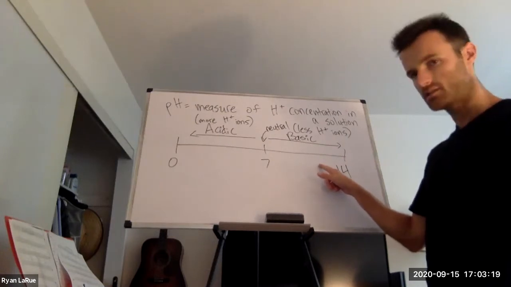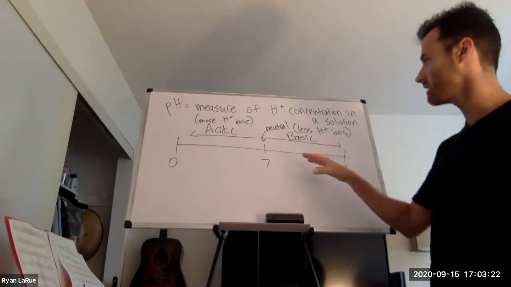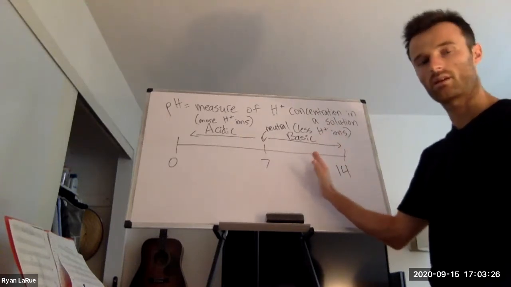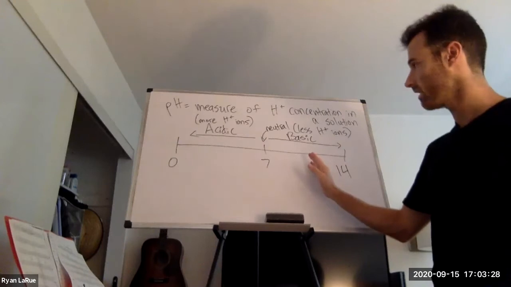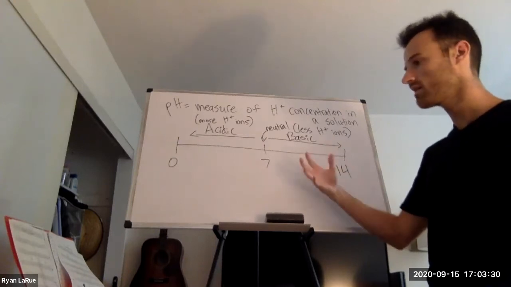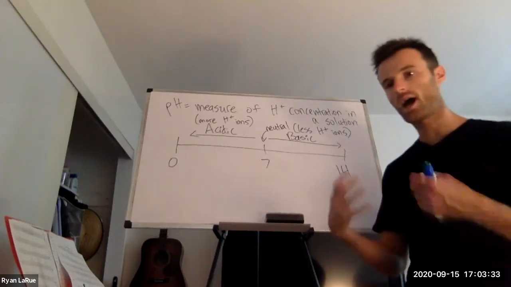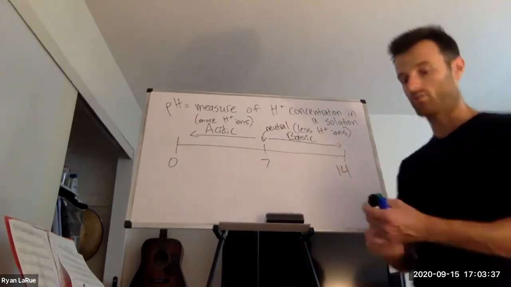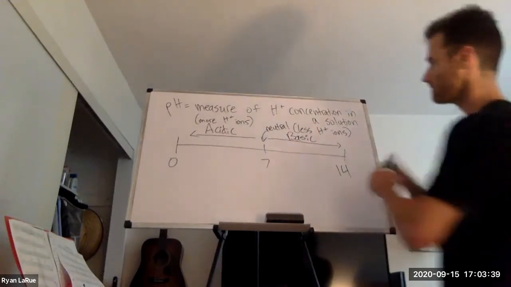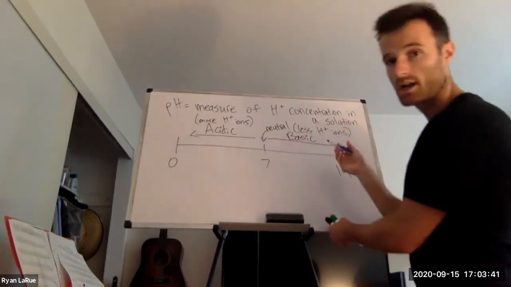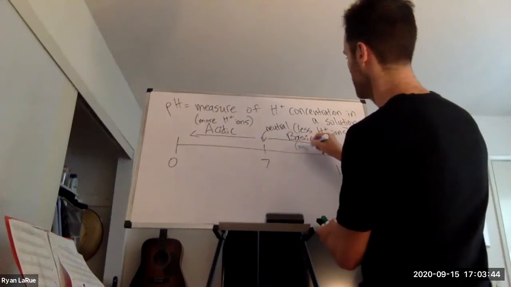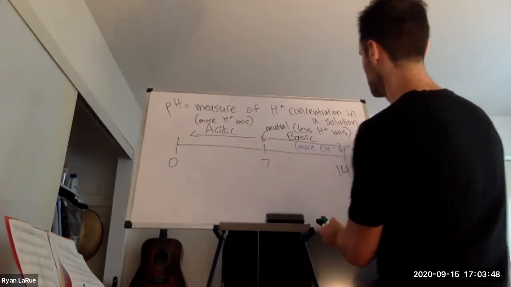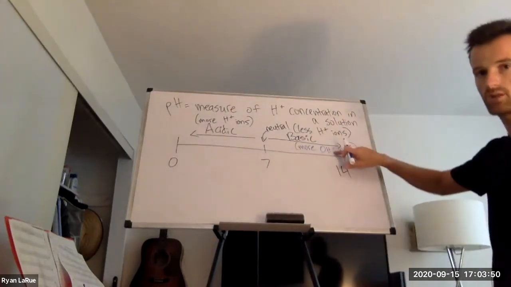The reason this is, not to get too fancy or technical, it's because basic chemicals and basic solutions have a higher amount relative to the hydrogen ions of what we call hydroxide ions. So I'm going to write more hydroxide ions, which is these negatively charged OH molecules.